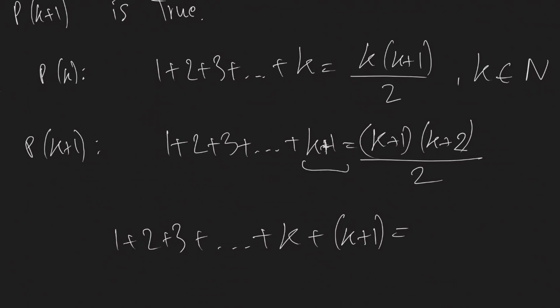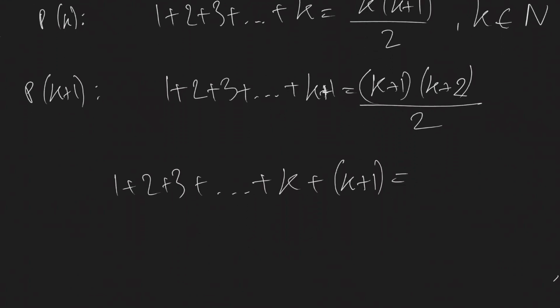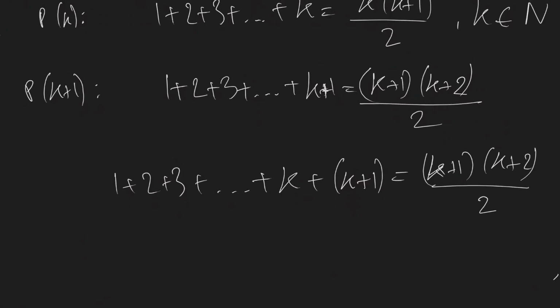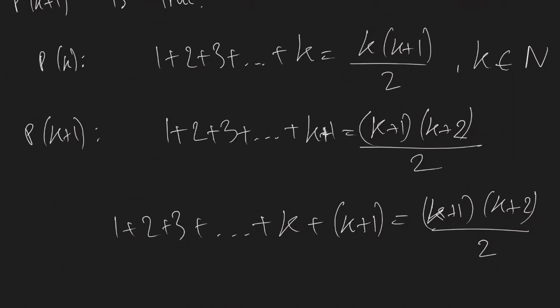Recall that this is the sum of the first k natural numbers. So we can rewrite this Pk plus 1 statement like this. And this, of course, has been conjectured to be equal to k plus 1 times k plus 2 over 2. And because we've assumed that Pk is true, we can substitute this entire statement right here.